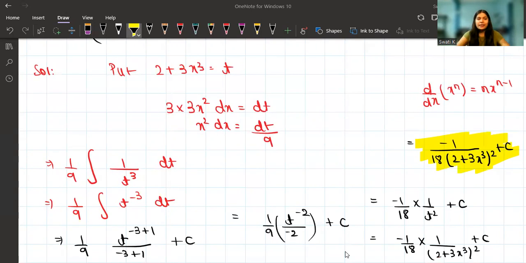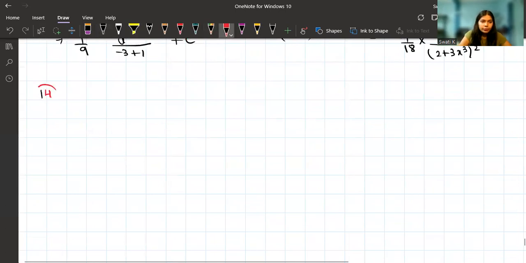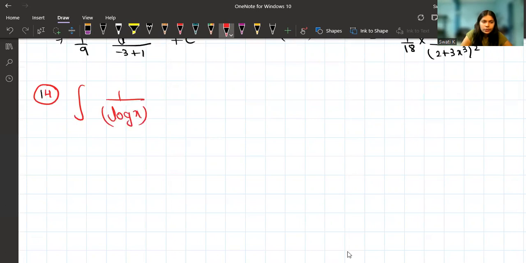And now it's time to move to the next question, that is the 14th question. So let me write down the 14th question for you. In the 14th question, we have to integrate 1 upon x times (log x) raised to m, where x is greater than 0.